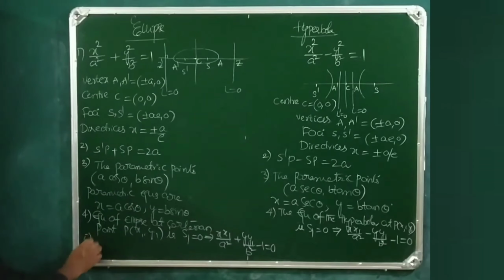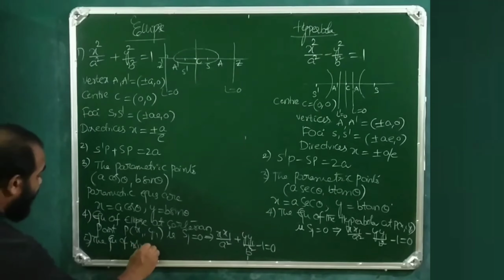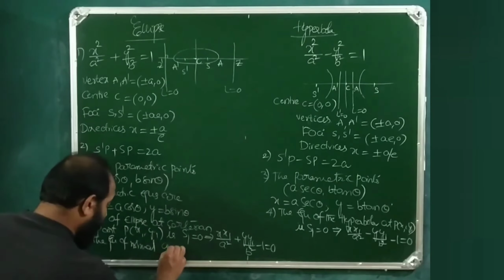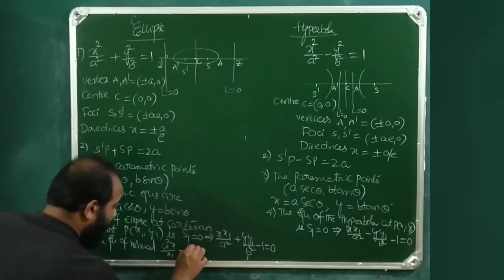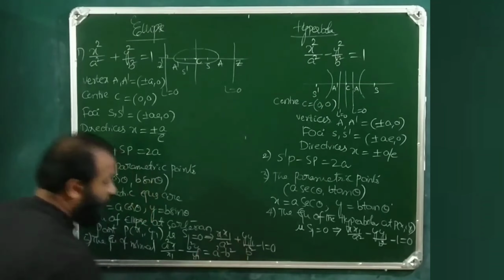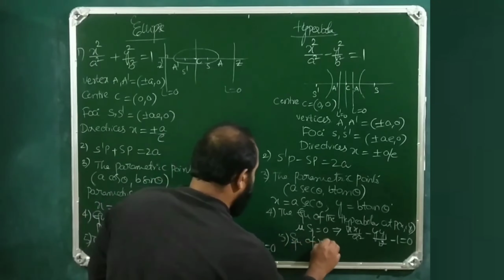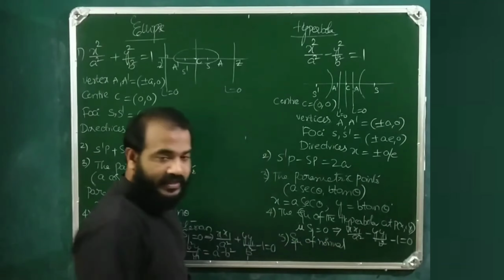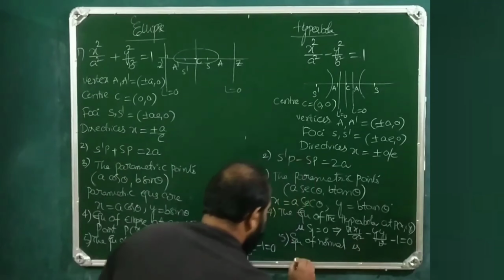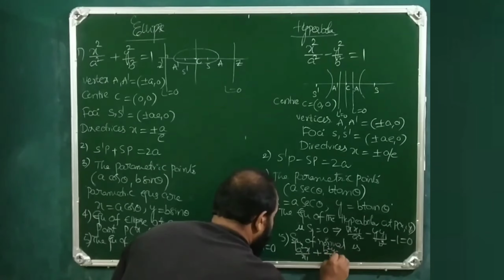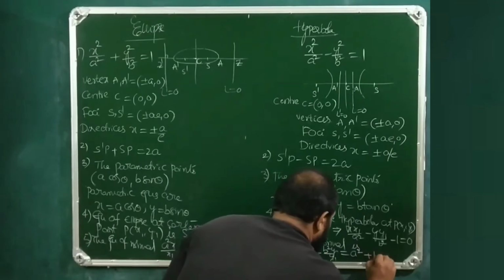So here the equation of normal at the Cartesian point is a square x by x1 plus b square y by y1 is equal to a square minus b square.